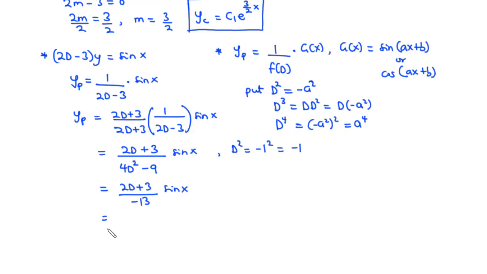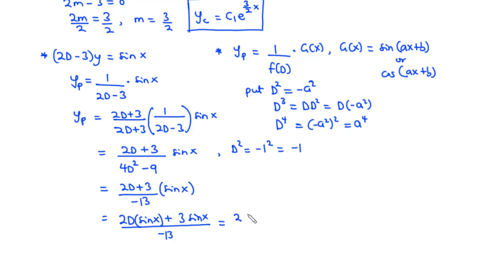Now let's simplify further. So we are going to multiply sine x across at the numerator. So we are going to have 2d sine x plus 3 sine x, all divided by negative 13. Now here we are going to have 2 times the first derivative of sine x. We have d sine x. Now when you differentiate sine x, you have cos x.